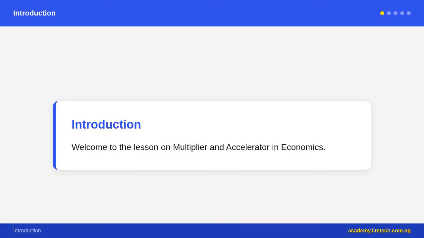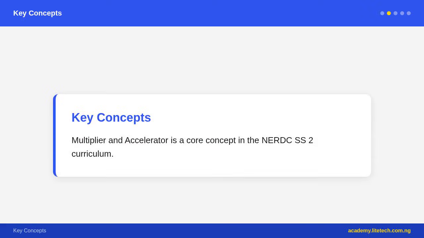Because the initial spending of 100 billion becomes income for the recipients, who spend 80%, 80 billion, on goods and services. This 80 billion becomes income for others, who spend 80% of it, 64 billion. And so on, each round of spending is 80% of the previous round, forming an infinite geometric series, 100 plus 80 plus 64 plus 51.2 plus.